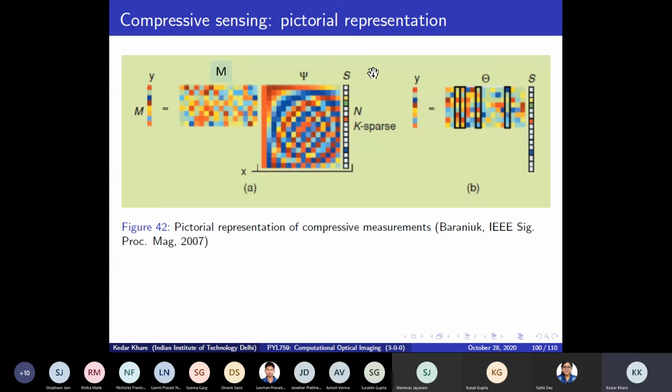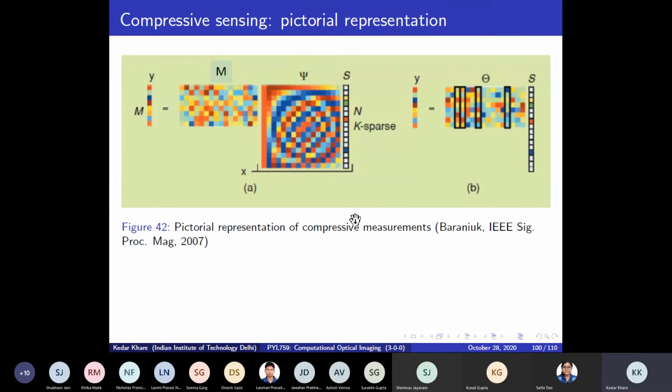Suppose S is a vector which is sparse, like the coefficients beta, and psi is the basis elements. So our image G is actually psi times this coefficient vector.